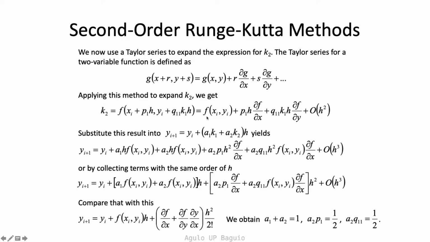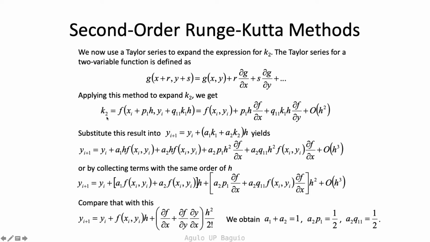So what we obtain is f of x sub i, y sub i plus, this is our r, so this will become p1 h times the partial of f with respect to x. This is our s, so this becomes q11 k1 h times the partial of f with respect to y, plus the higher order terms in the Taylor series.